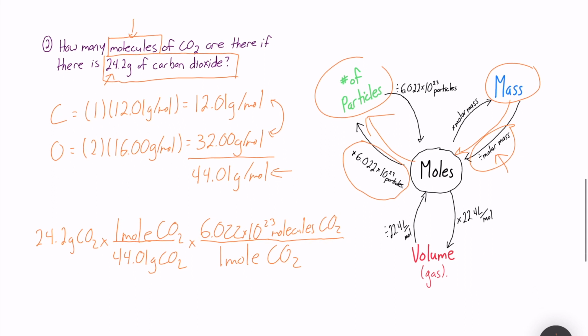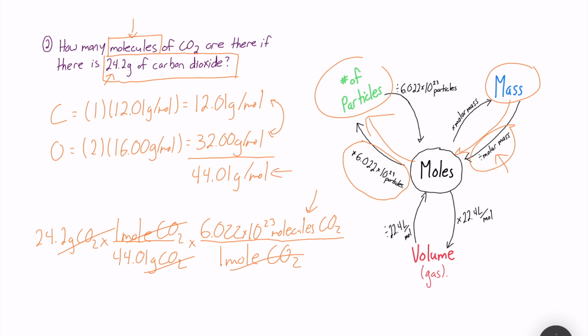And I think we are ready to calculate. Let's check and see if our units cross off. So moles of CO2, grams of CO2, grams of CO2 all cross off, and we should be left with molecules of CO2. So let's type that in quickly here. We have 24.2, and that is divided by 44.01, and that is all multiplied by 6.022 times 10 to the 23.